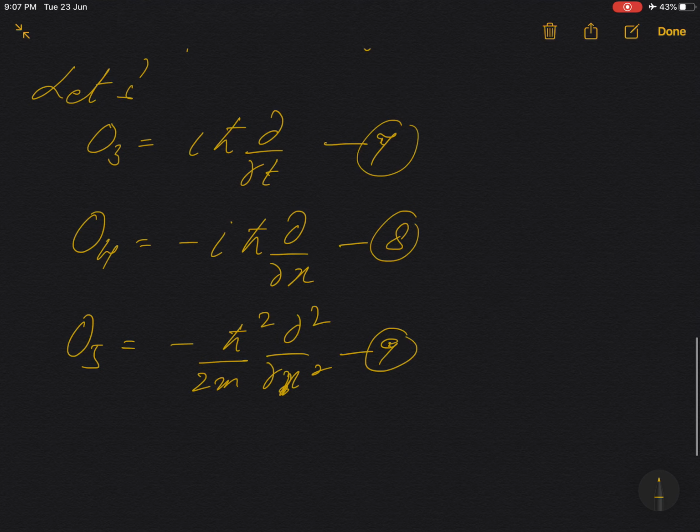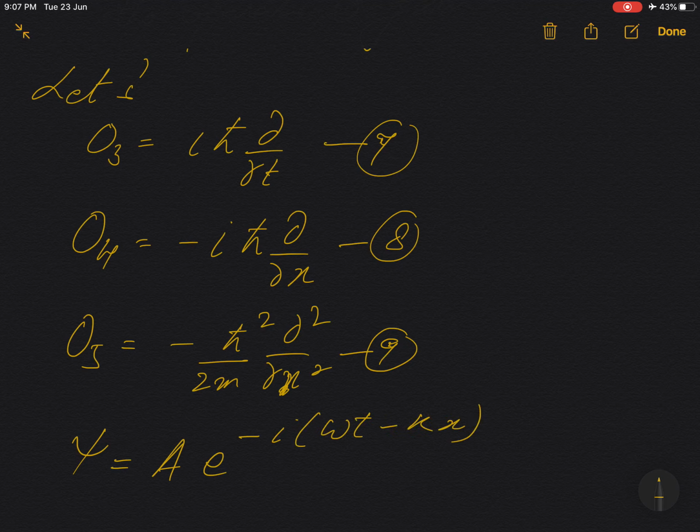And let's consider the most generalized form of the wave function, psi equal to A e raised to minus i (omega t minus kx). If you see very carefully, assume it's representing a subatomic particle, and we know in the particle concept, rather, we have got a dual concept.